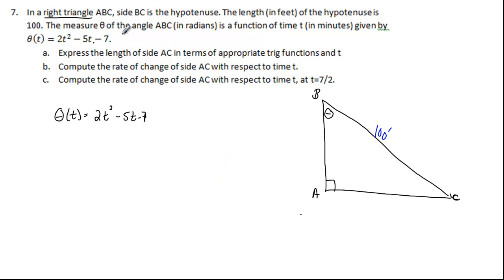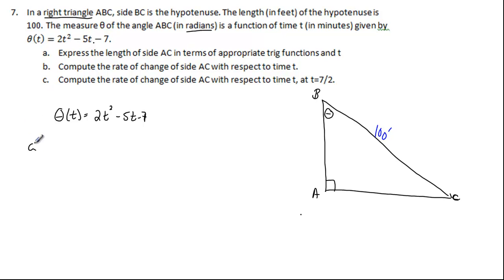And this is going to be in radians. So our angle is in radians, our time is in minutes, and we have this function that relates how this angle will move and what it will do based off of this parabolic function.